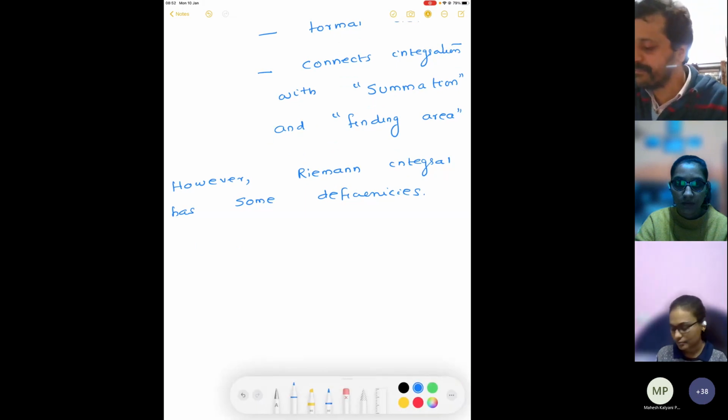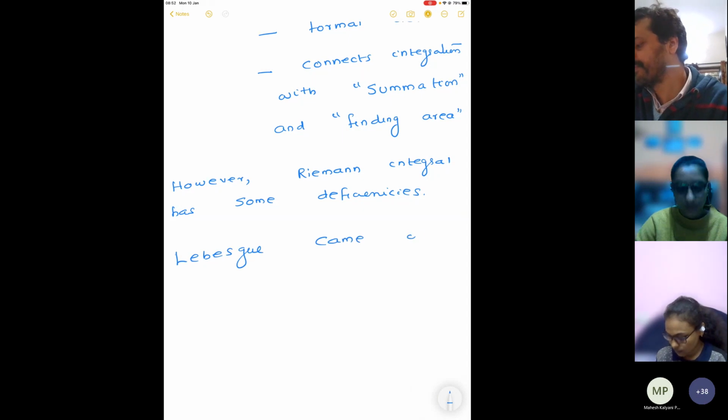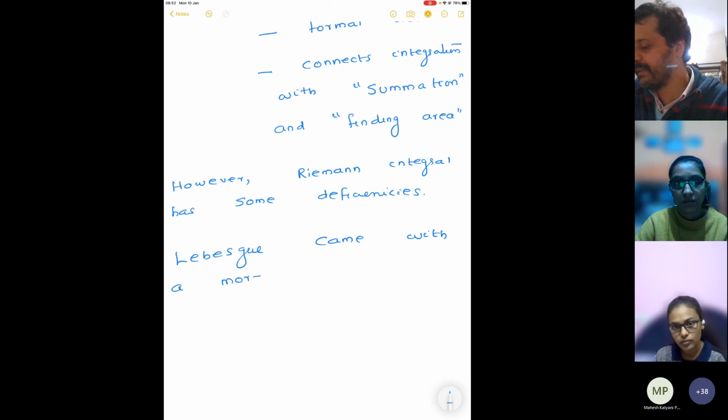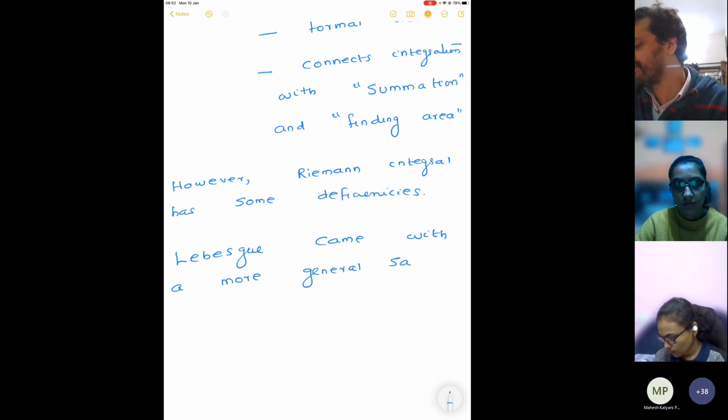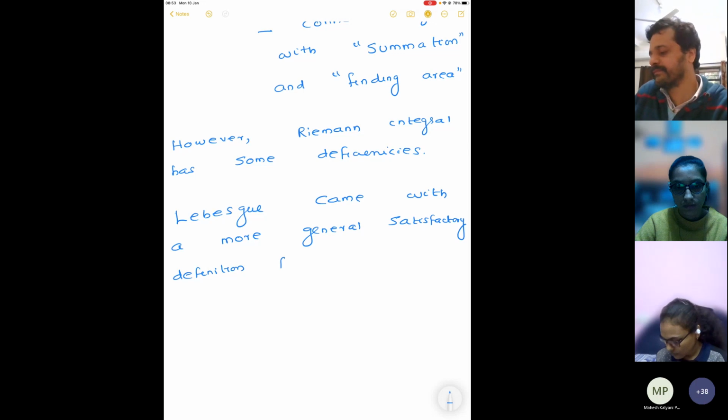And Lebesgue came with a more general, satisfactory definition and explanation for integration.